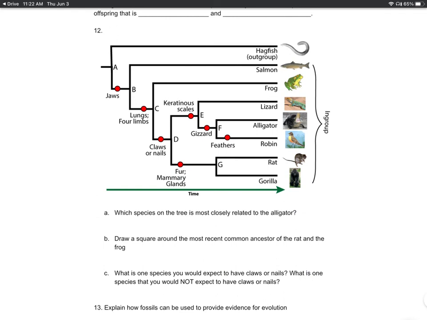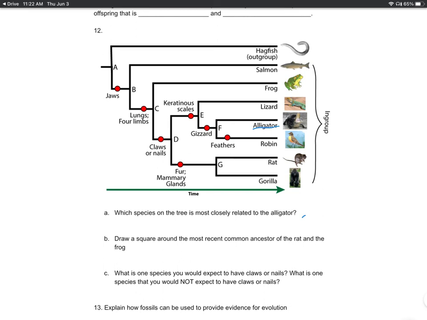And then here's a phylogenetic tree, so you will need to be able to read and interpret these phylogenetic trees. So which species is most closely related to the alligator? The species that are the most closely related are the species that have the most recent common ancestor. So in this example, here's the alligator.